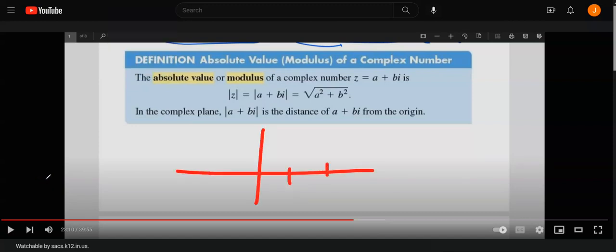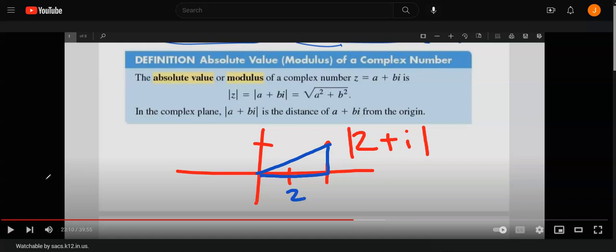Well, what if we're up here at 2 plus i? How far is that away from 0, 0? Because it's not something like 2.